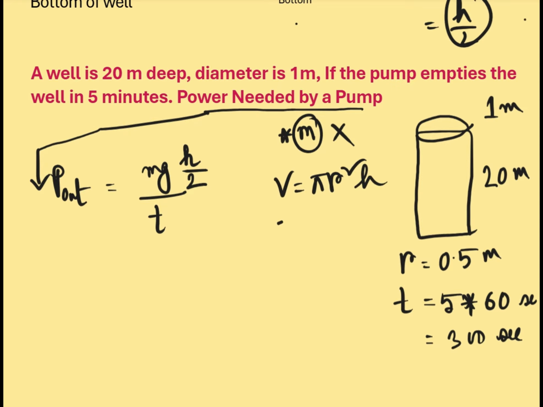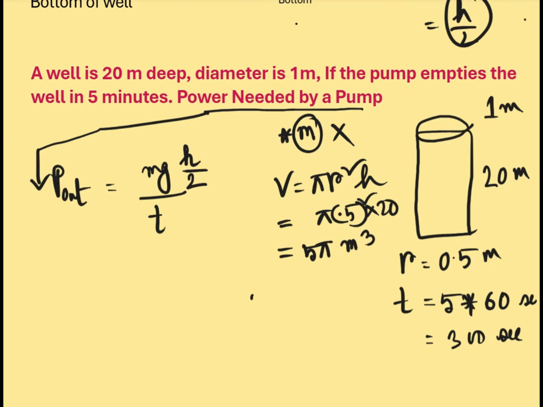So if we plug in all the values, r is 0.5, h is 20, so 20 times 0.5 whole square, and the value of pi, after we get 5 pi meter cube, right?